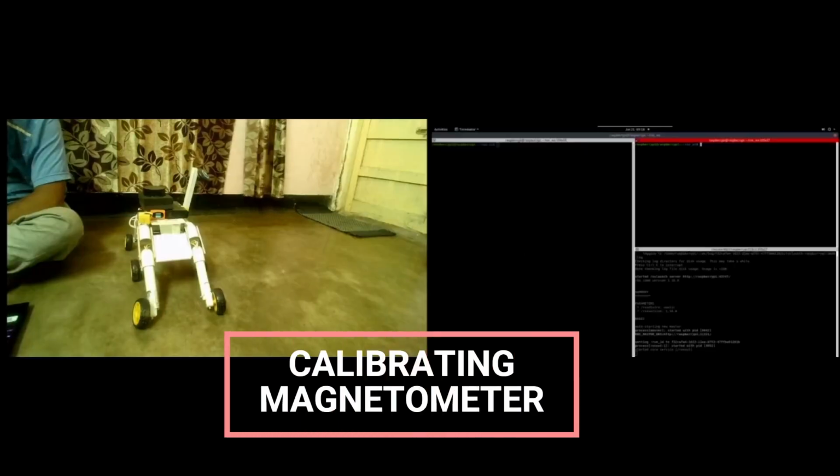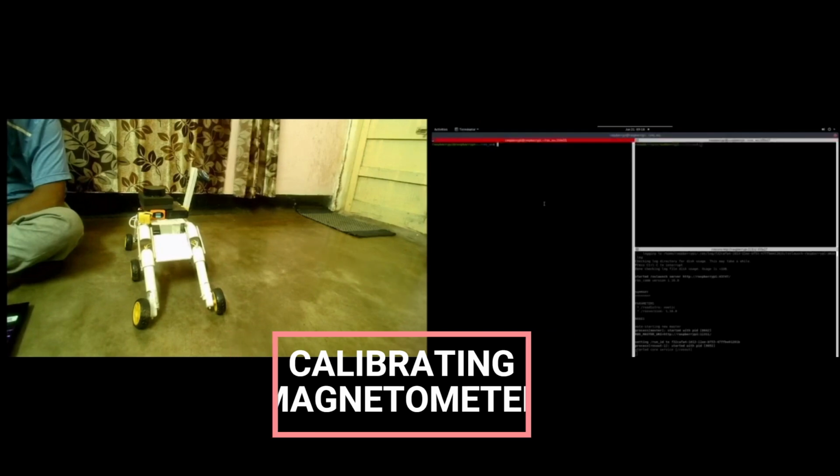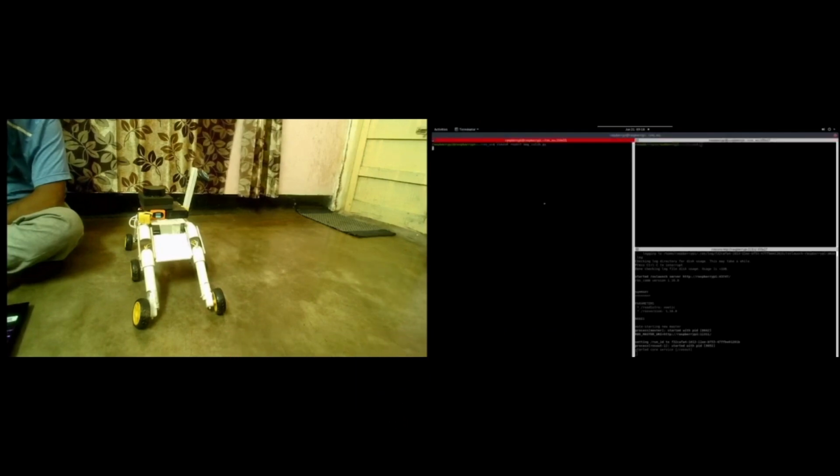Okay, so now we'll be calibrating the magnetometer values, which give us the yaw data. First let's understand what this is all about. We use a magnetometer to give us a yaw value, which basically defines the angle rotated by the bot during a turn.